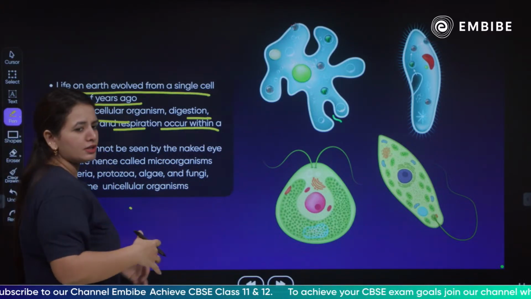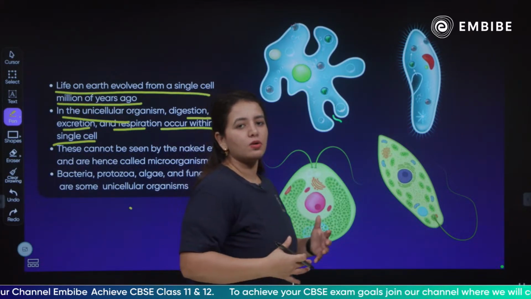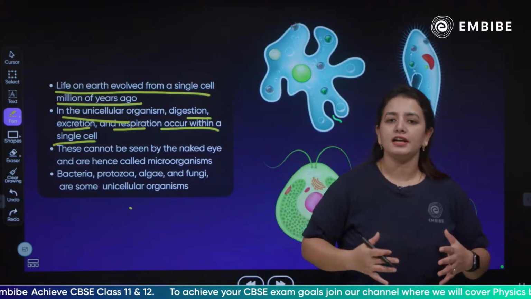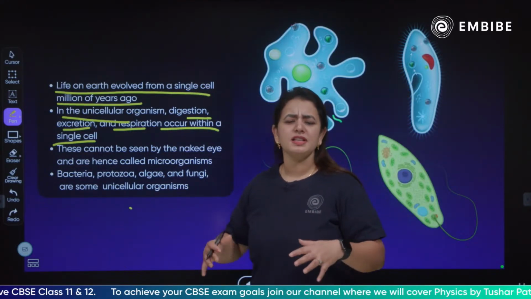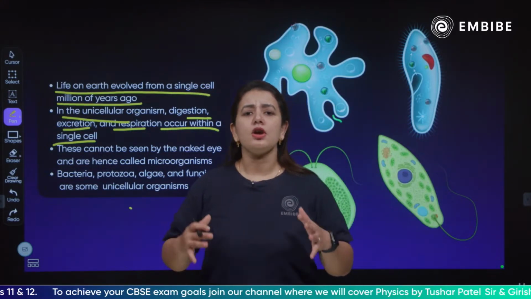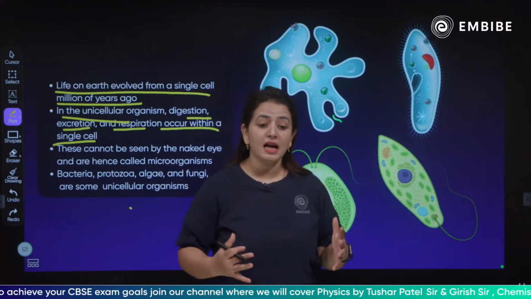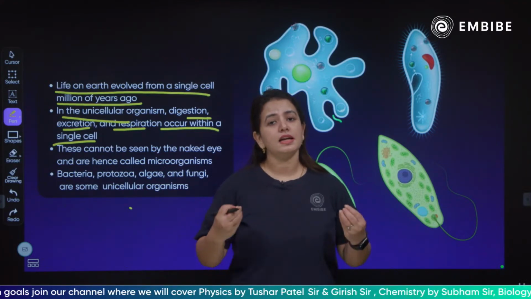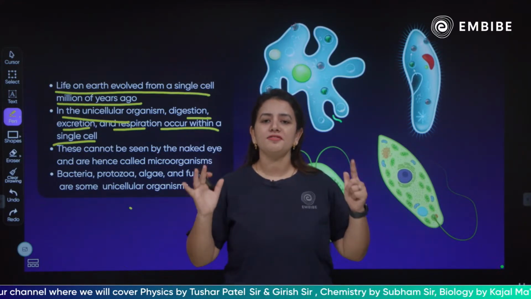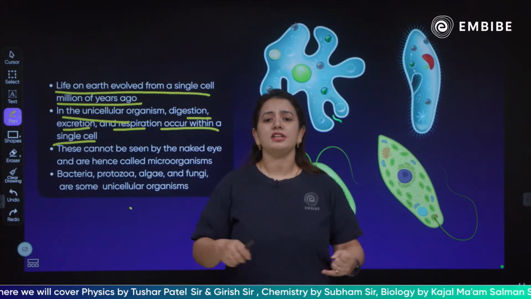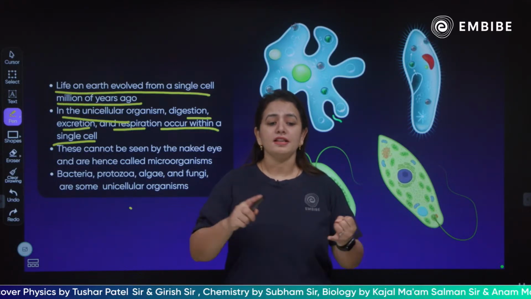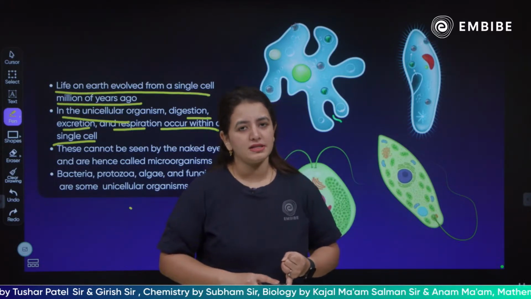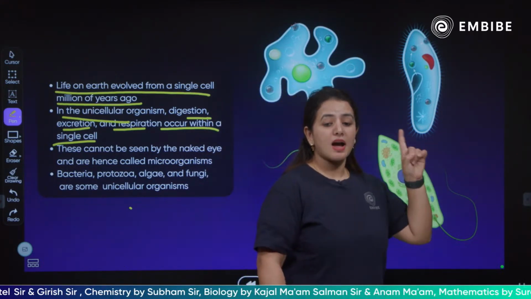Why were they so efficient? Because every process required to sustain life on this planet was done in one single cell. Very low maintenance. Digestion, excretion, respiration, all the processes were done within one single cell.